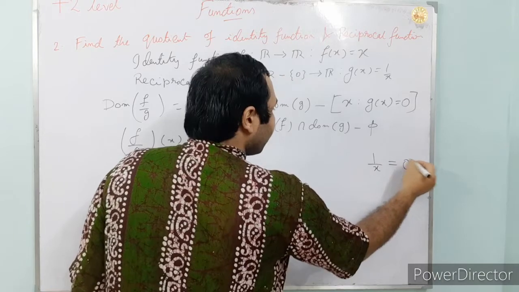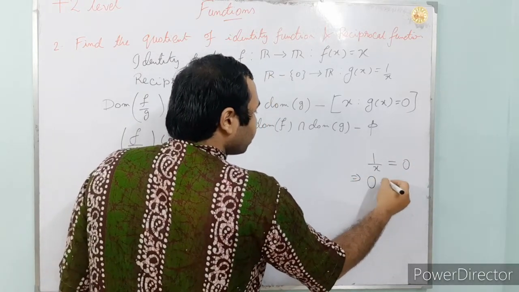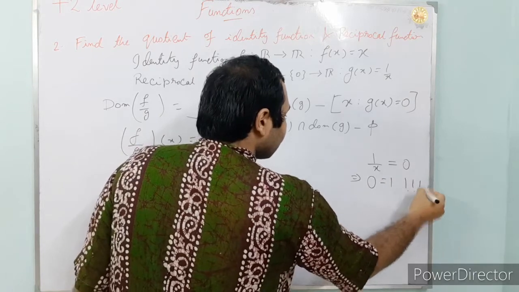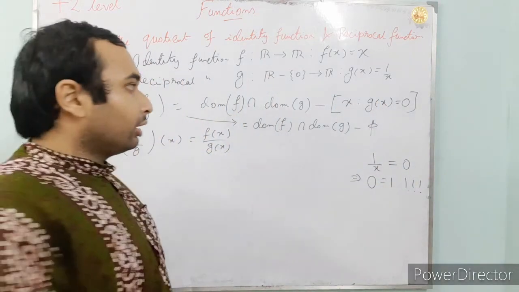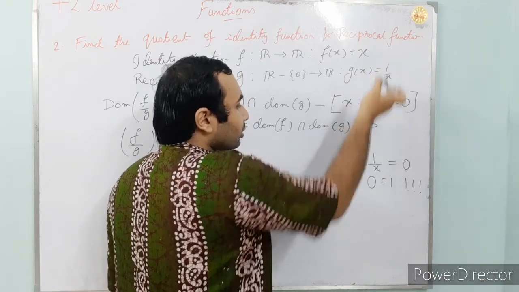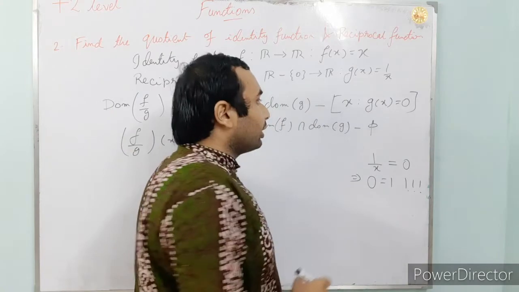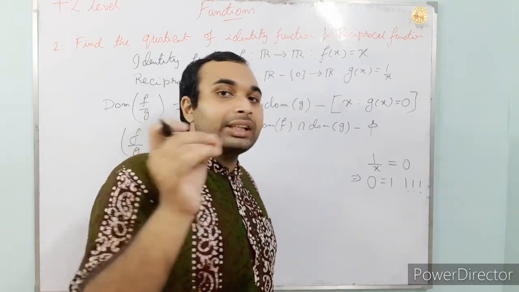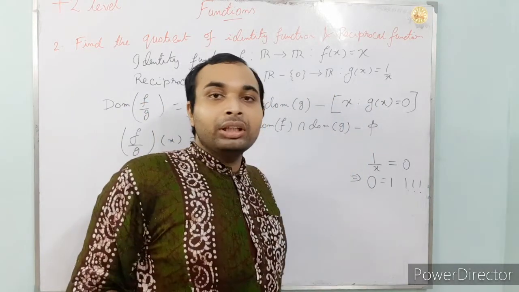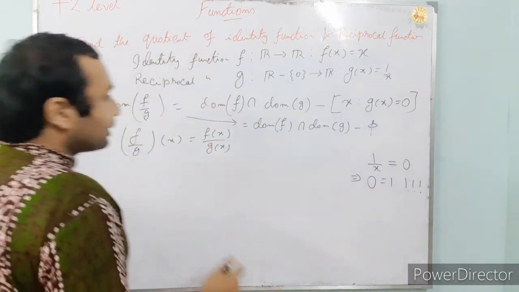If we take 1 by x as 0, what are we getting? 0 equals 1. This is meaningless. So no x is there such that g(x) comes 0. So this will be phi, the void set.